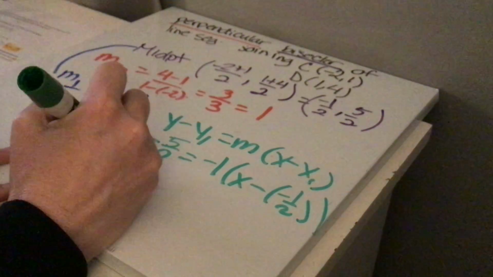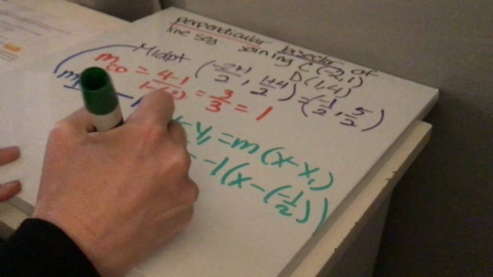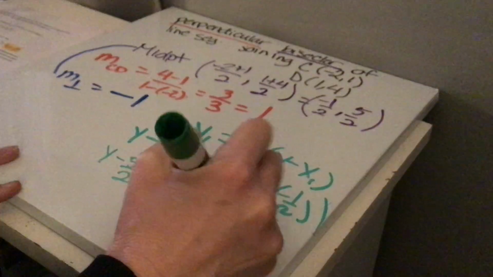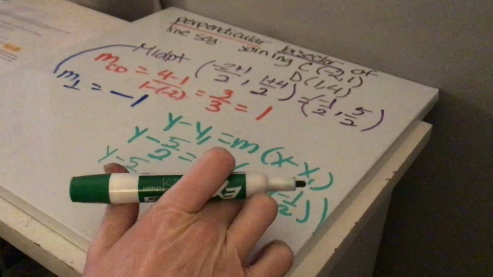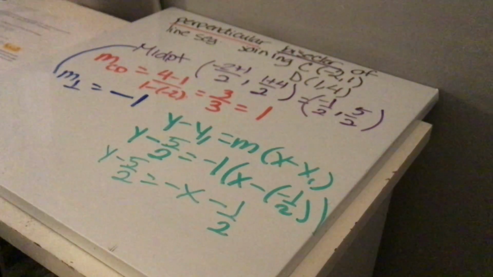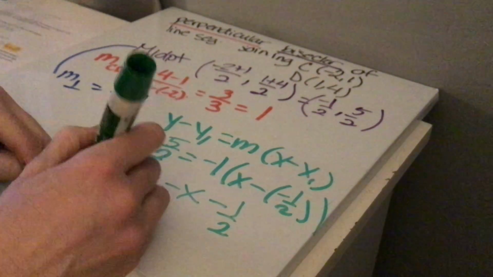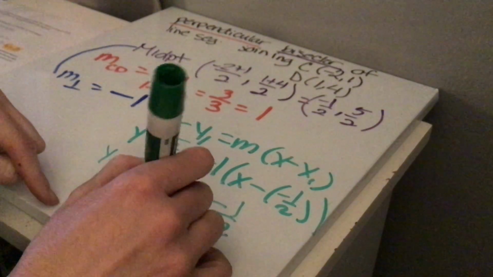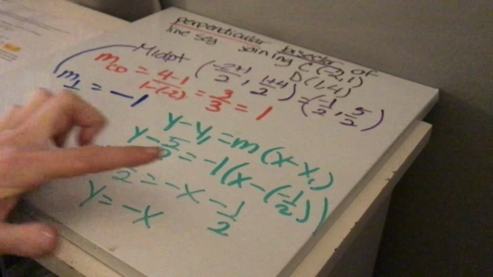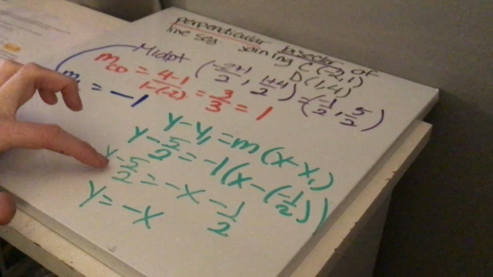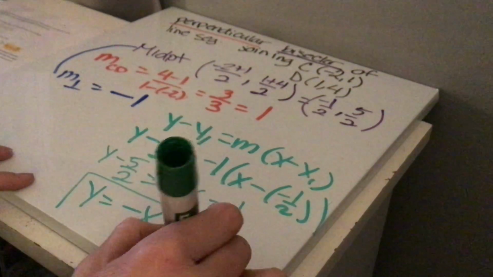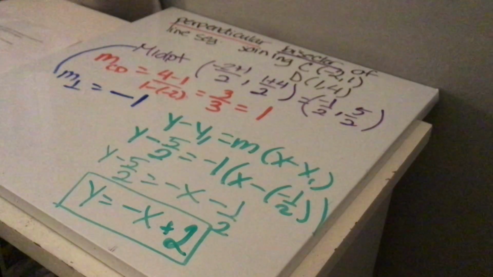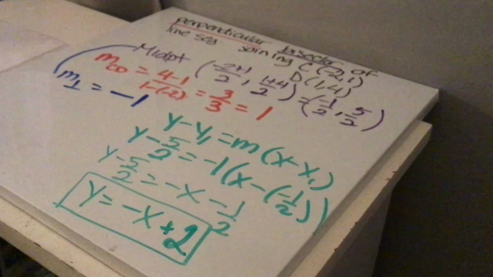So we get y minus 5 over 2 equals -x minus 1/2, because it's minus a negative, so positive, and then distribute your negative. Then get y by itself, so you add 5 over 2. So -1/2 plus 5 over 2 is just 2. So the equation of our perpendicular bisector is y equals negative x plus 2.